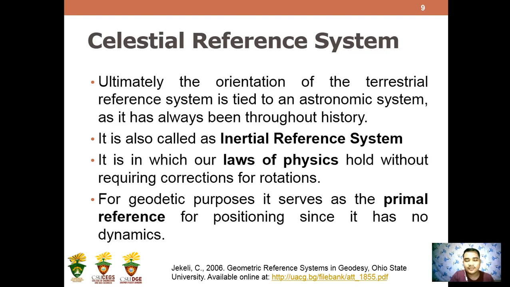A simple analogy is that in ancient times, their basis for locating points on the surface of the earth was just the stars and other heavenly bodies they could use as bases.